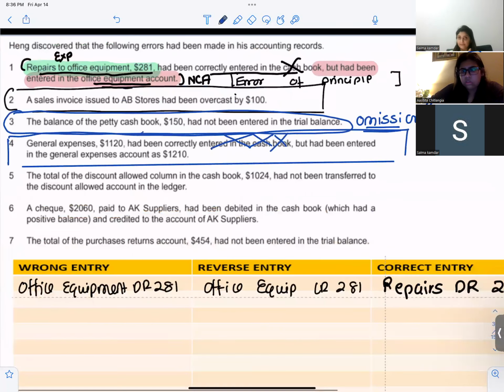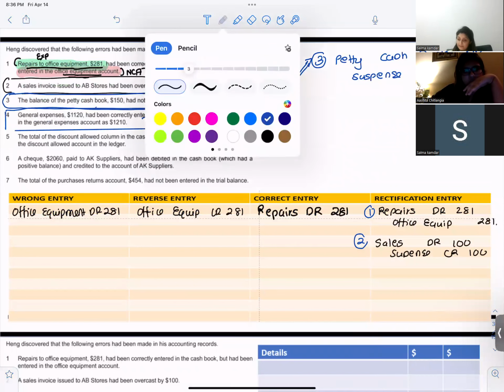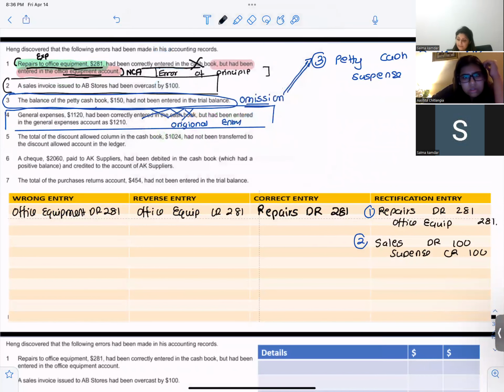Error of original entry, wrong amount. So what is the correct one? General expenses debit 1120.